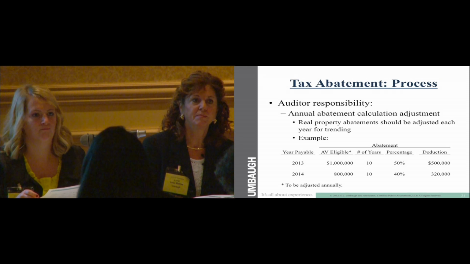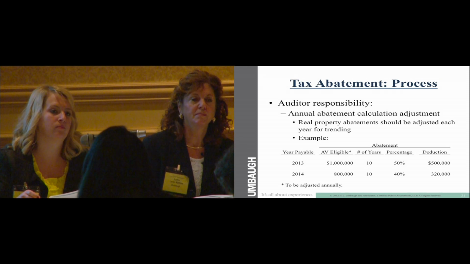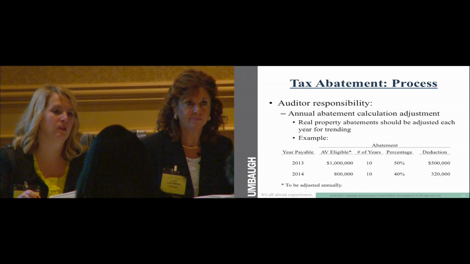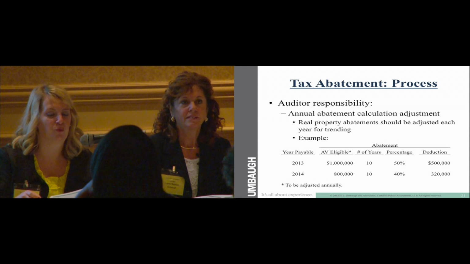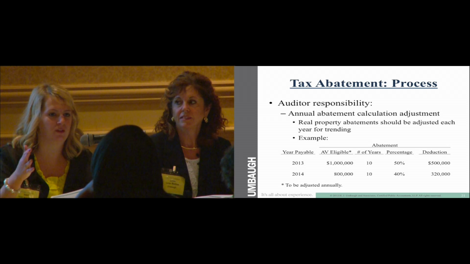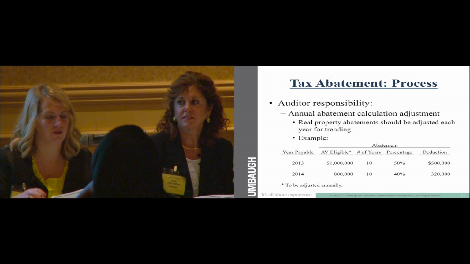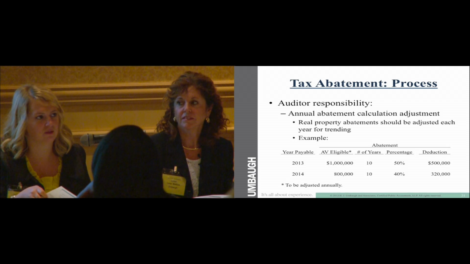Sometimes you'll have a building and then a new abatement on it, and you would have to track all of the ages. So that would just be communication between your assessor and yourself. And that's what we highly recommend, a good system between the auditor's and assessor's offices for the abatements discussion.